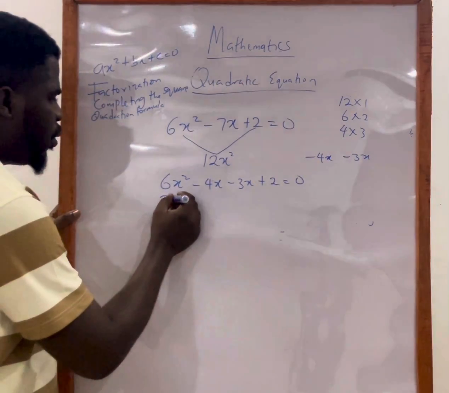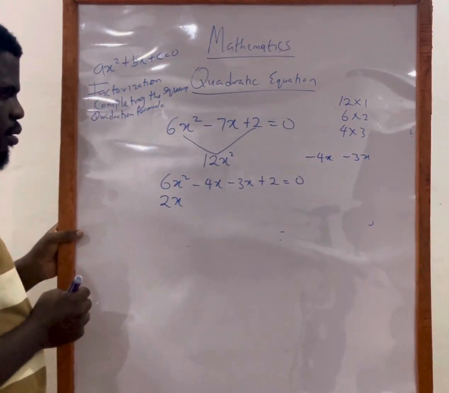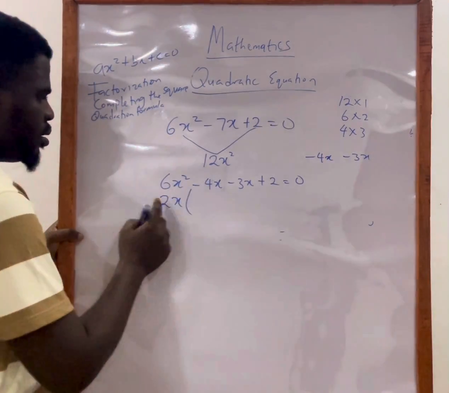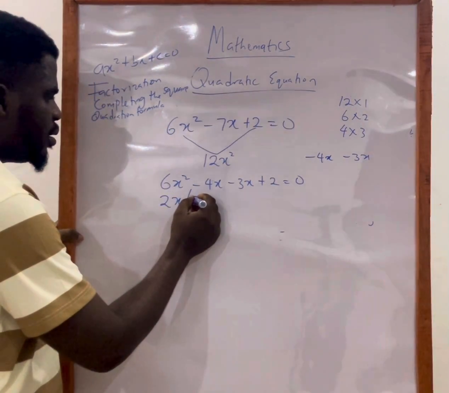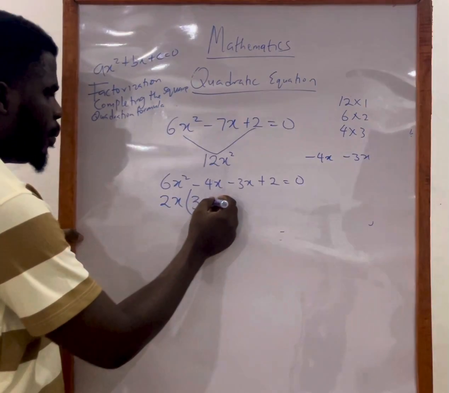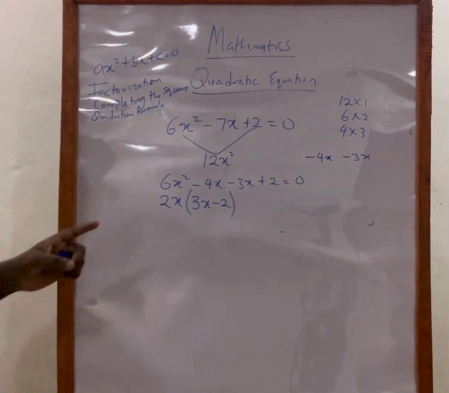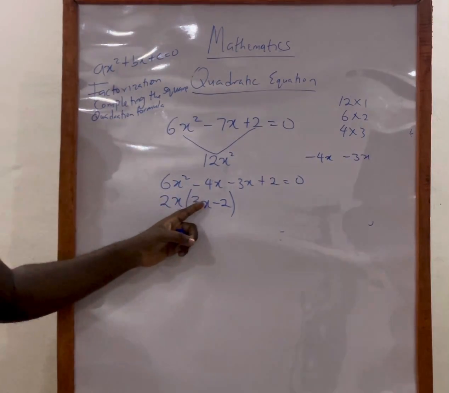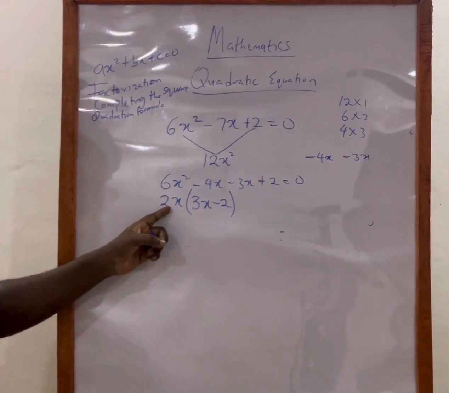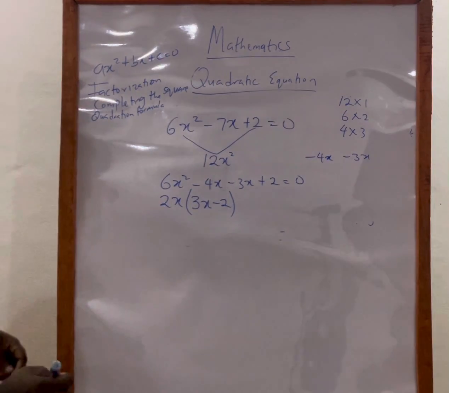So the common factor here is 2x. So 2x, then what will be left is 3x minus 2. Now look up. 2x times 3x, 6x squared. 2x times minus 2, minus 4x.